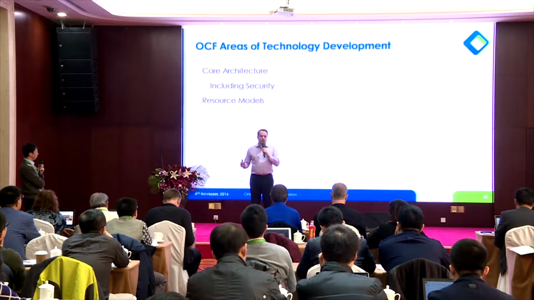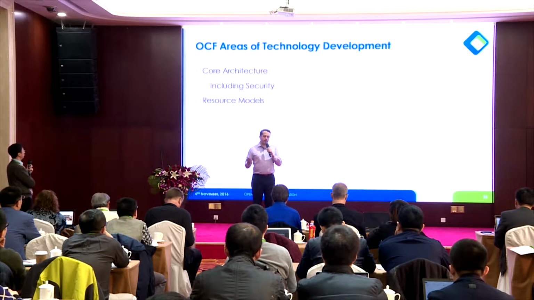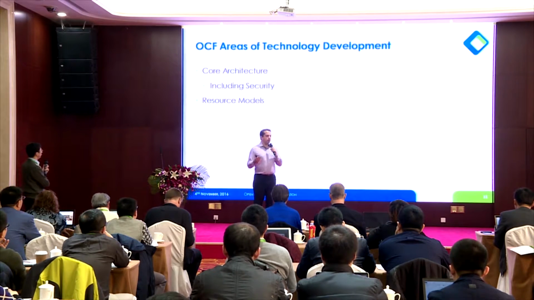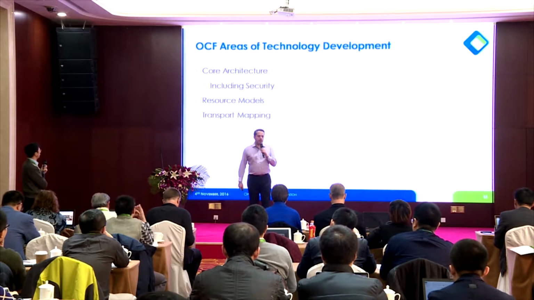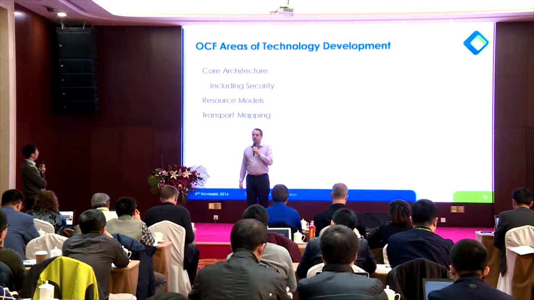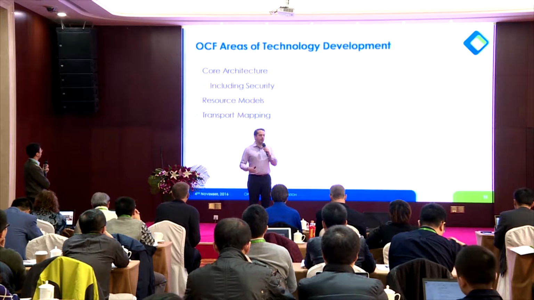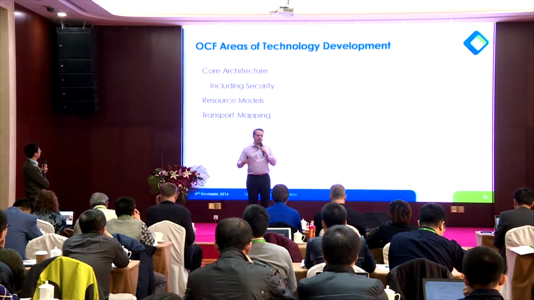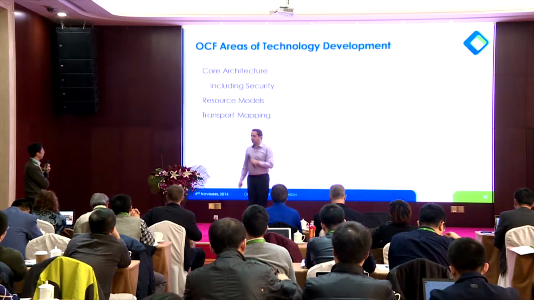Anybody can submit a resource model, but there are organizations like OCF and potentially others in the future that will be responsible for reviewing and approving those resource models. And then finally, there's other groups that are looking at transport mapping as well. So those are the three main areas that we look at in terms of technology, and as we go through the organizational structure, you'll be able to see that different groups are focusing on different aspects.